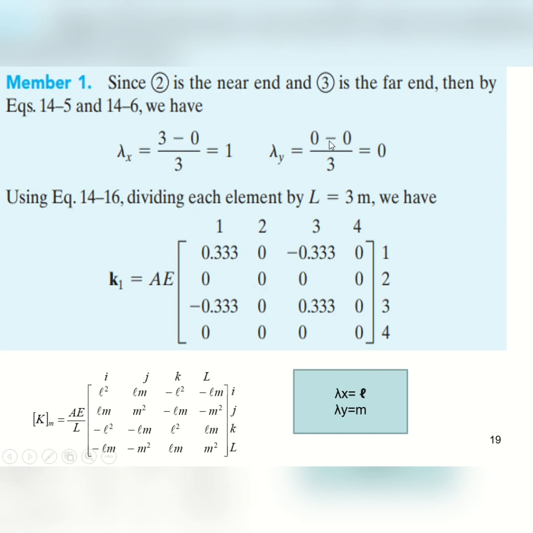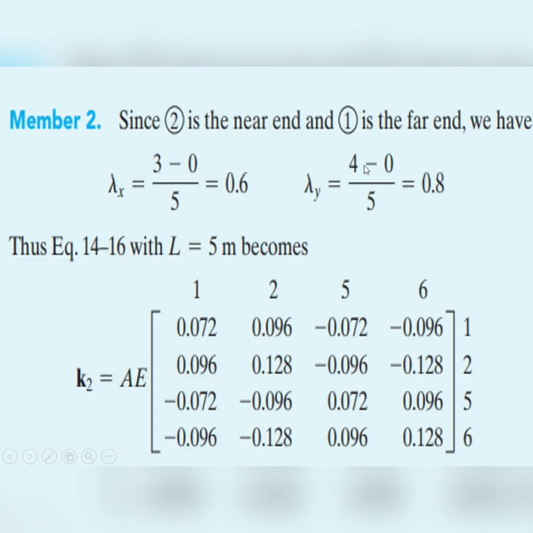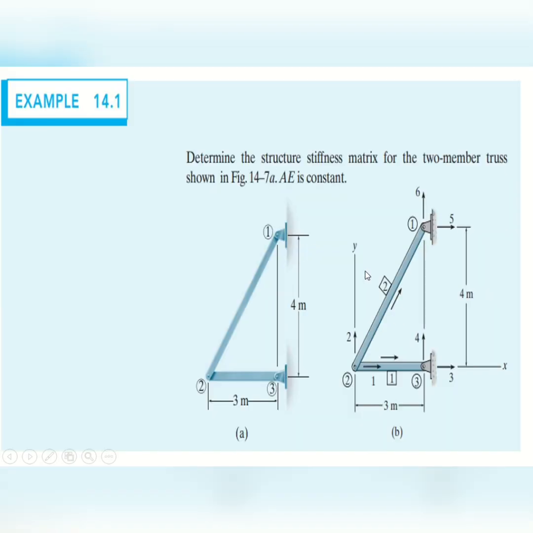For y in member 2, y1 is this point and y2 is this point. y2 is this height, equal to 4, and y1 is at the initial 0 point.